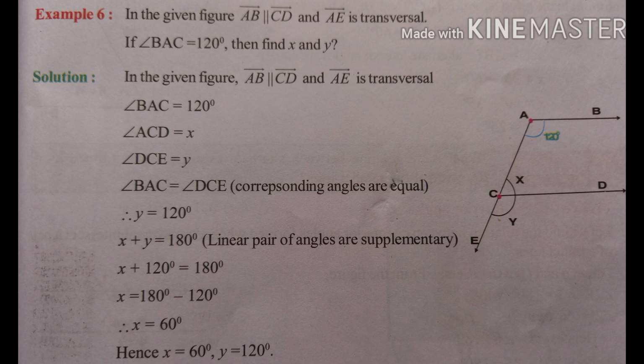Hence X is equal to 60 degrees and Y is equal to 120 degrees, using the corresponding angles are equal. So when a transversal intersects a pair of parallel lines, then the corresponding angles are equal. Using this property, we can solve problems like this.